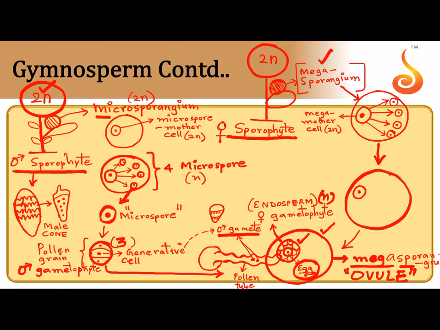Where is megasporangium produced? In the female sporophyte. The female sporophyte will have special leaves. These special leaves which bear, see on both sides how these rounded structures are there. These rounded structures are the megasporangium.